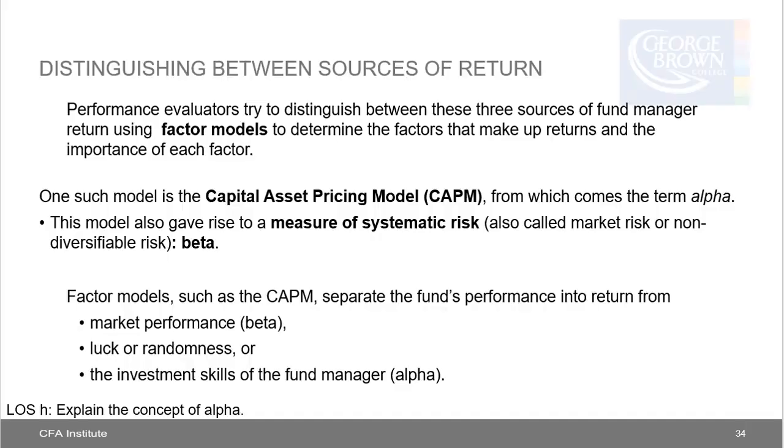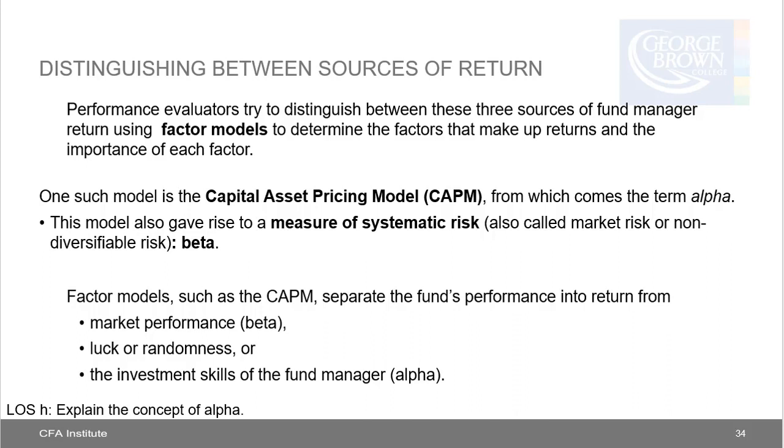Now we're going to look at distinguishing between sources of return. Performance evaluators try to distinguish between these three sources of fund management return using factor models to determine the factors that make up returns and the importance of each factor. One such model is the capital asset pricing model, CAPM, from which comes the term alpha.